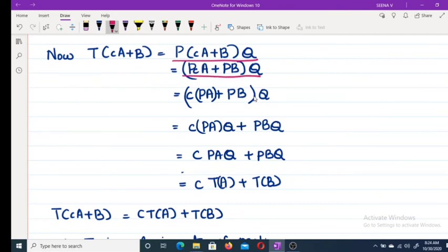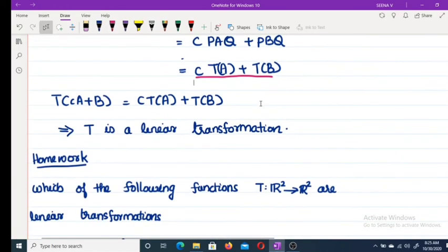All these are matrices, so matrix multiplication applies and you can take this first, and we will get this one, and then multiply by Q. This is the same as C TA plus TB, and this implies T is a linear transformation.